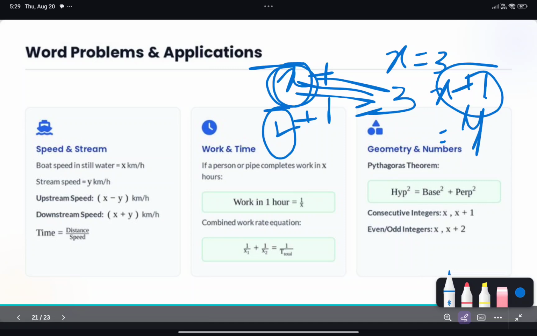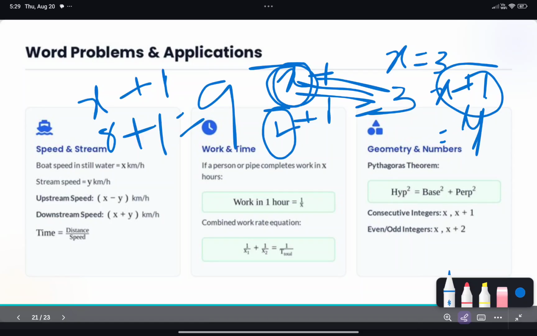For example, taking 8, 8 plus 1 is 9. That time it is not satisfied. Here one condition is there: x must be even only or odd only.